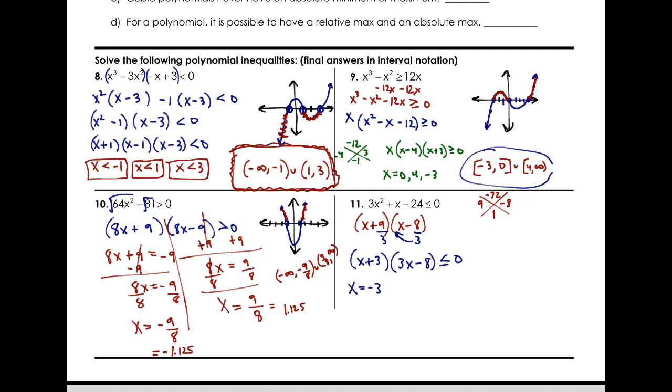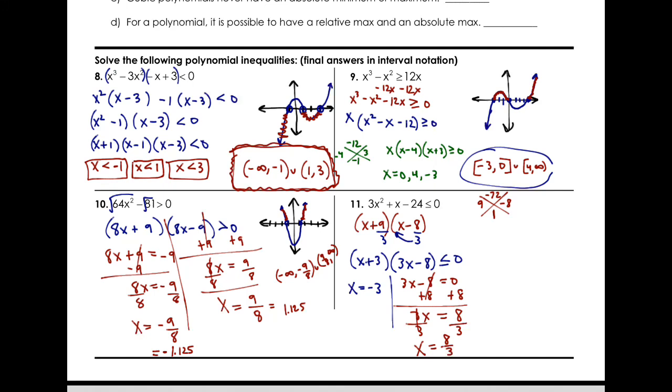And then let's just go ahead and solve this one. 3x minus 8 is 0. We got a plus 8, cancels. Divide by 3, divide by 3, and that gives us x is equal to 8 over 3.